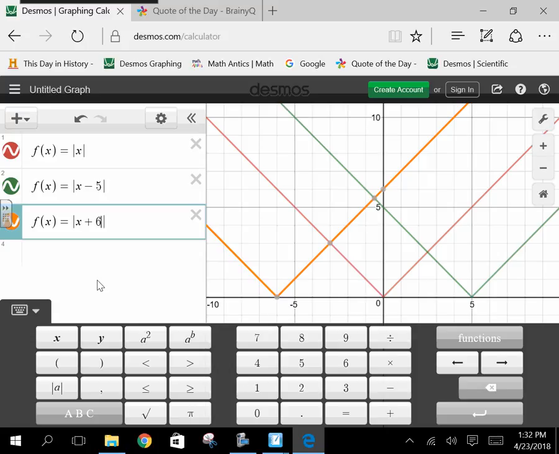So to answer your question, what if it's positive? Well, it's going to be to the left that amount. You may have seen this before. So if you have a plus number, you're going to the left. The child will be to the left, horizontal.